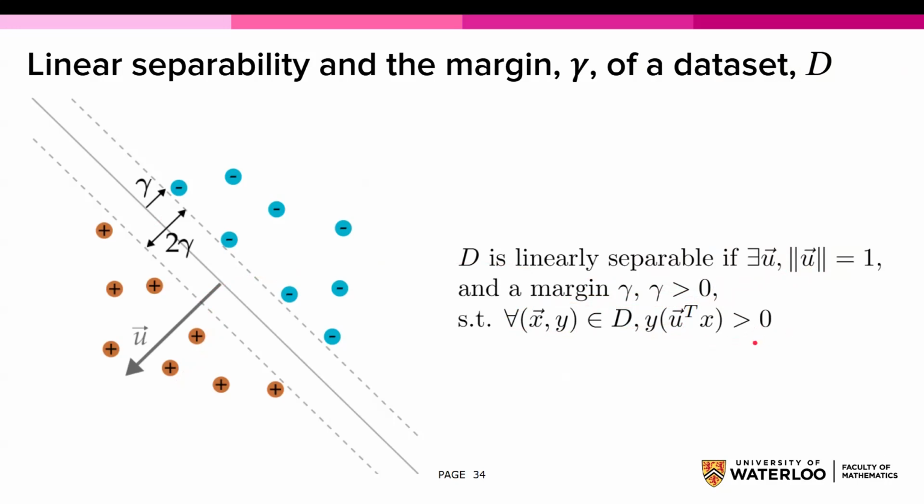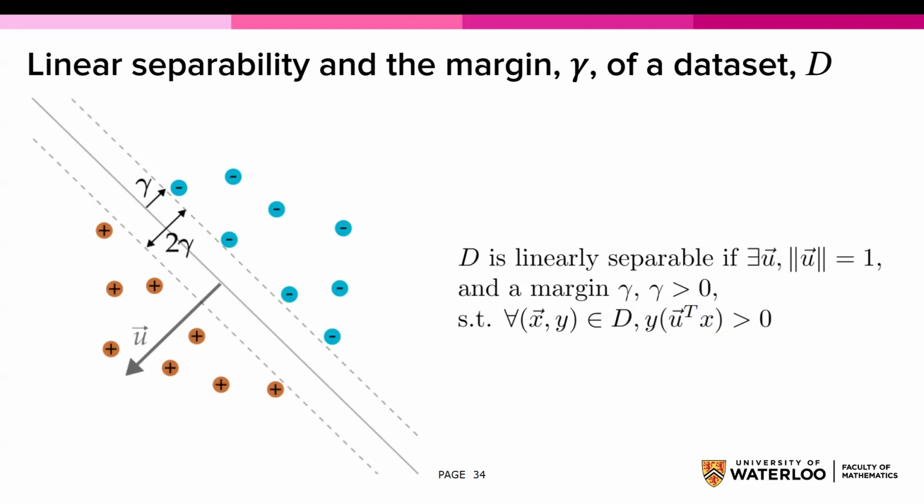This last part is essentially multiplying the true label and the predicted label using the oracle vector. So for linearly separable data with that oracle vector, this will always be greater than 0. In other words, the true and predicted labels will agree with each other.